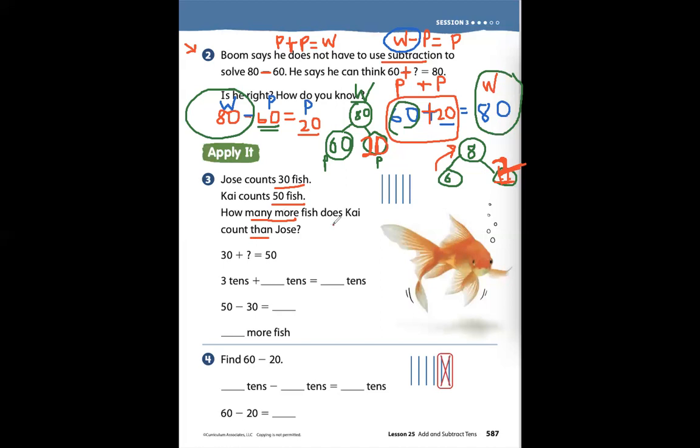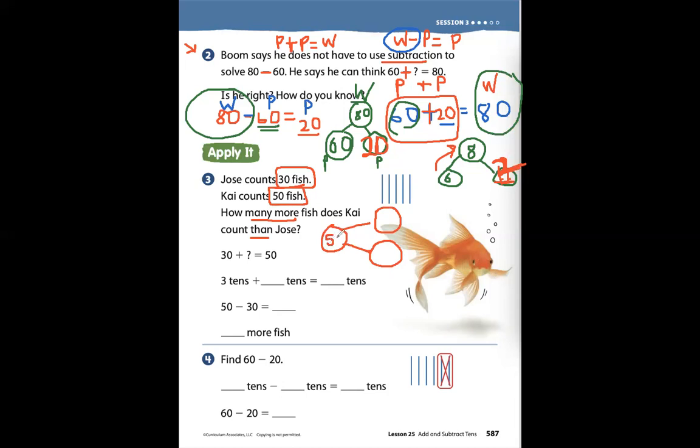So I can make my number bond like this. What is the number that is greater? Is 30 greater or is 50 greater? Right, 50 is greater.